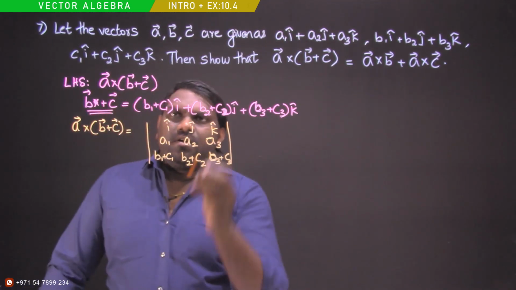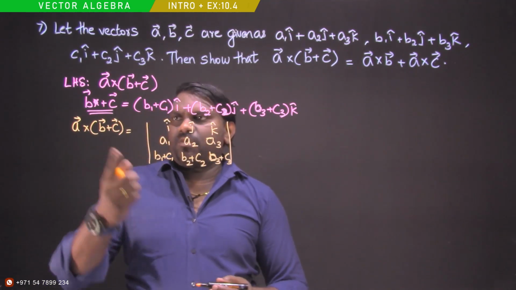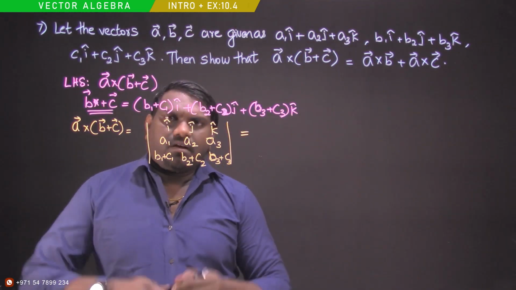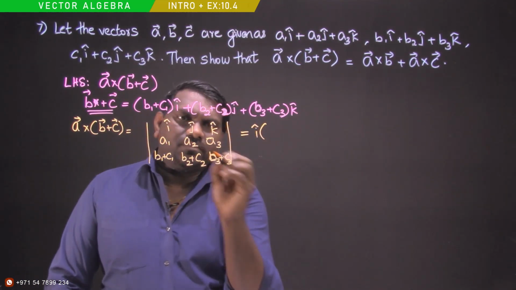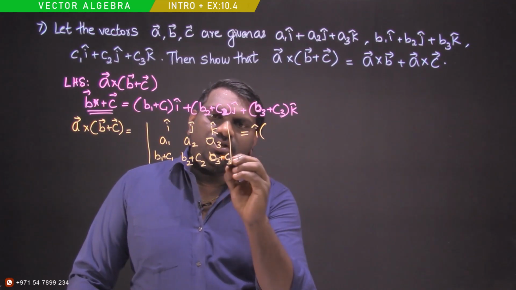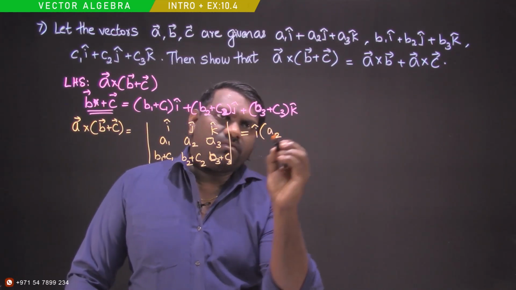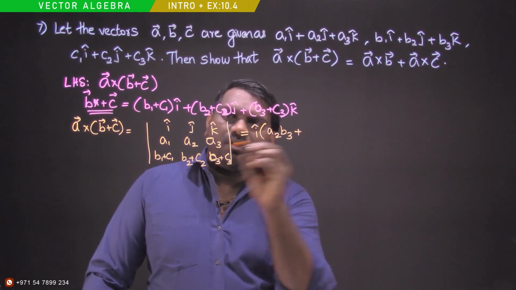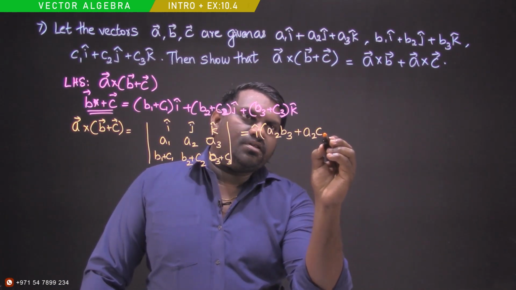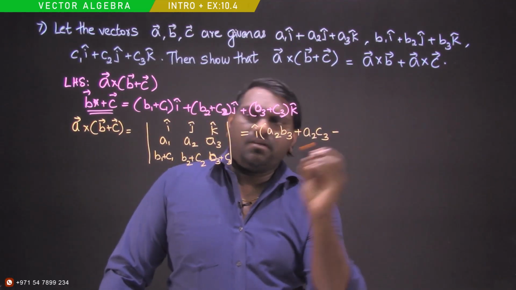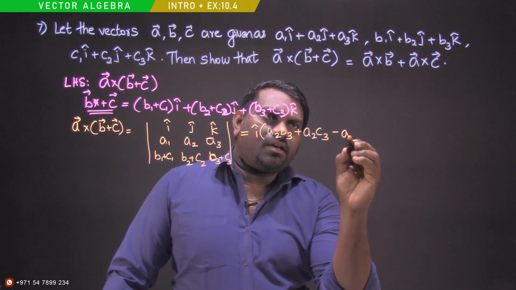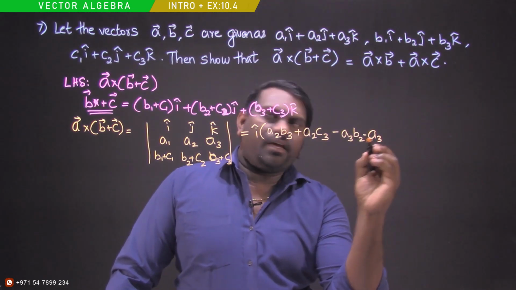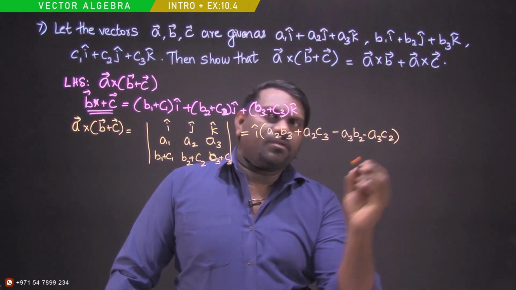Now we need to find this. For the i cap term: A2 into (B3 plus C3), that is A2 B3 plus A2 C3, minus A3 B2 minus A3 C2.